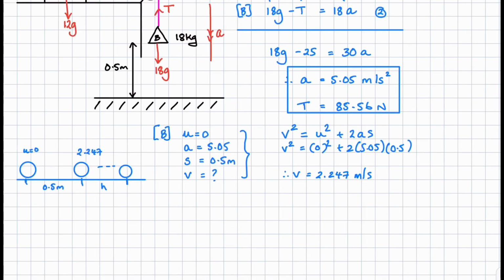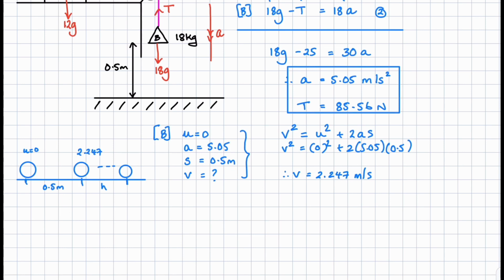Now, particle A will continue to move forward since at this stage the string has no more tension. The string has now become slack. So particle A will continue to move forward until it comes to rest.